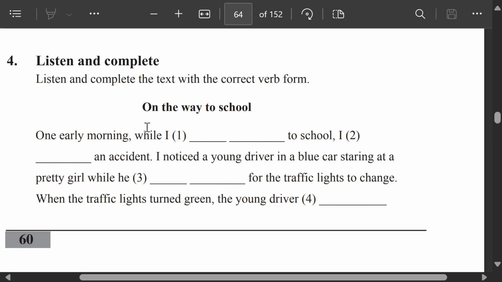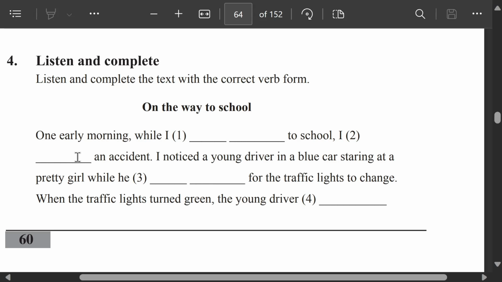So during this action, an accident. What is the verb here? Which tense? I have an accident, or I will have an accident, or I had an accident. I had. Past, right?